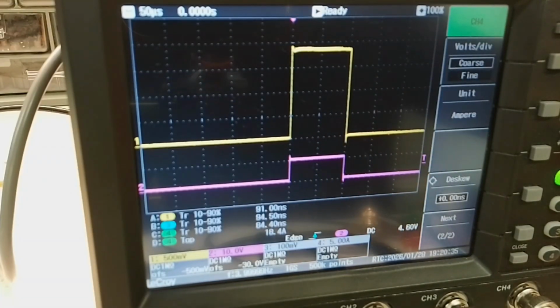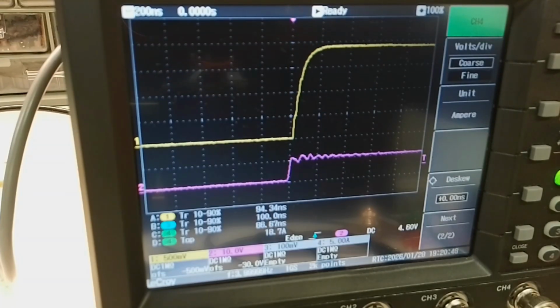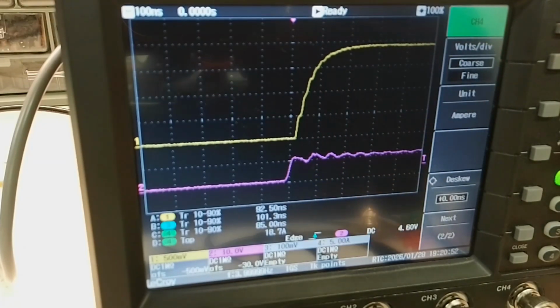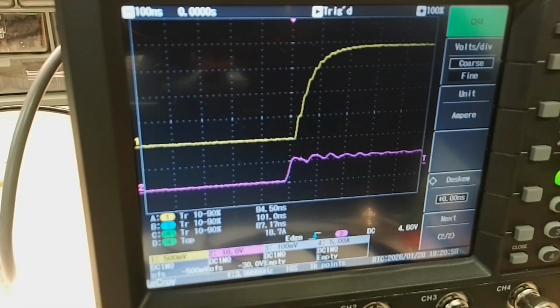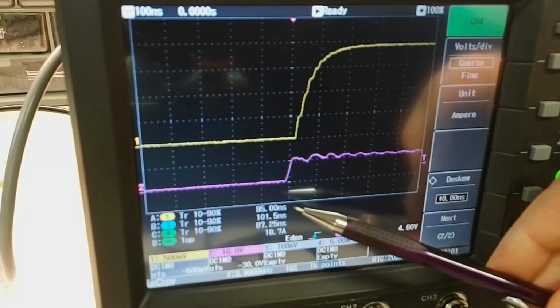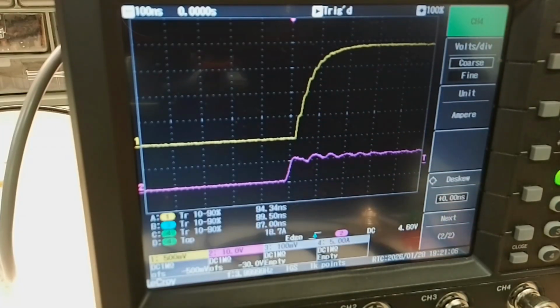If we look at the rising edge, let's put a little bit more speed. Something like that. We can see over here the rise time is about 100 nanoseconds, and this is the curve that the shunt gives us.